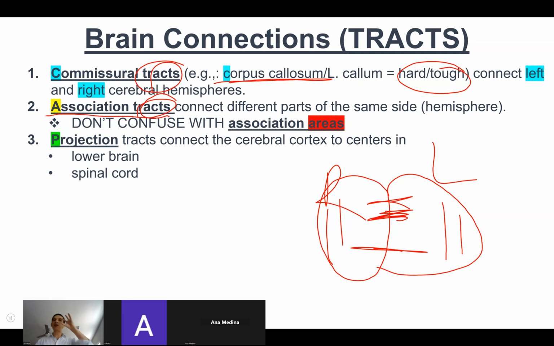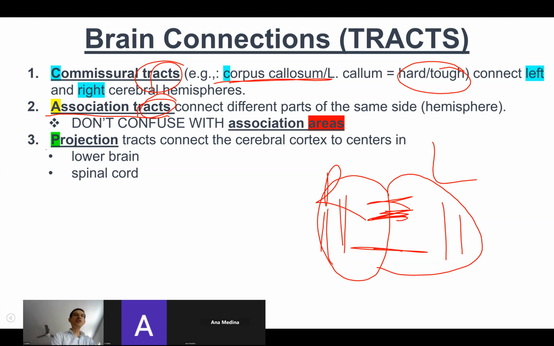Association areas are gray matter, which brings information together and makes wise decisions based on history, knowledge, and memory. Association tracts just move along the same part of the brain, the same hemisphere.